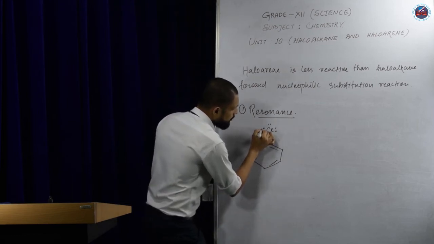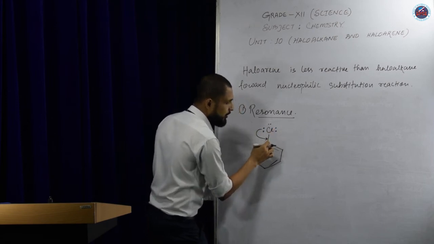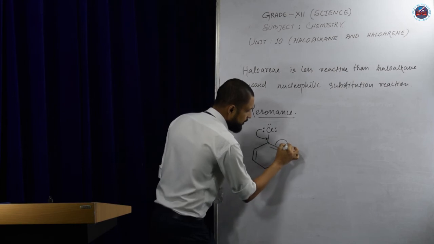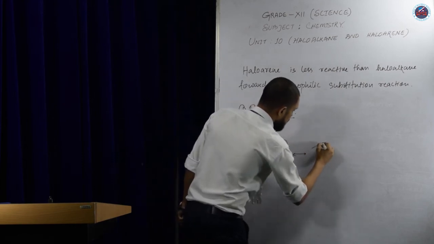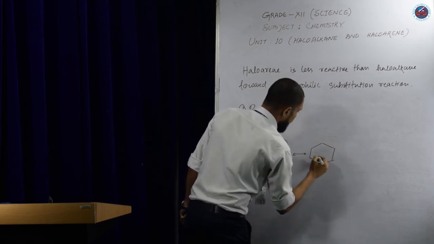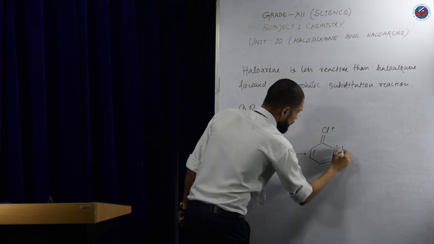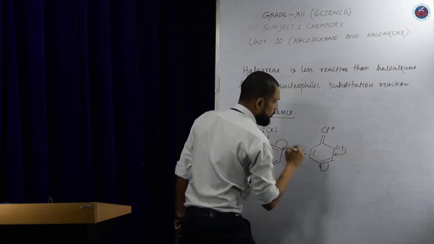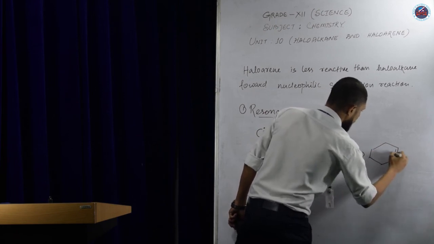This free electron pair will go and form a bond between chlorine and carbon 1. This bond will break, and the electrons will go to carbon 2. So the next resonating structure. So this pi electron will undergo delocalization to give more number of resonating structures.